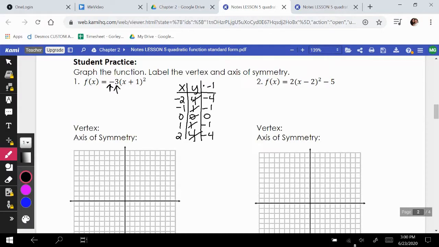I then see a vertical stretch by 3. Again, that's going to change the y values, so we multiply all the y values by 3. Okay, then I see an x plus 1, which is a shift left 1. That's going to change my x values horizontally. I'll subtract 1 from all my x values.